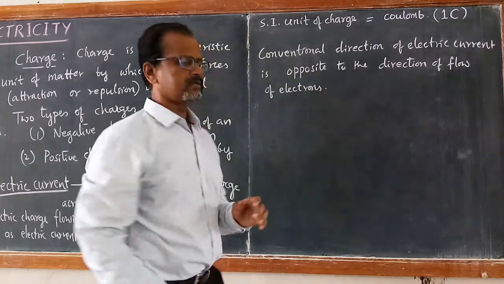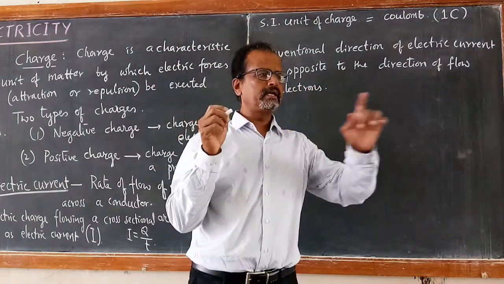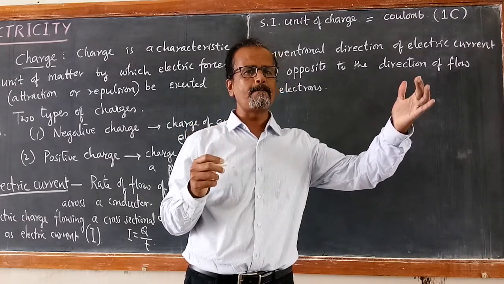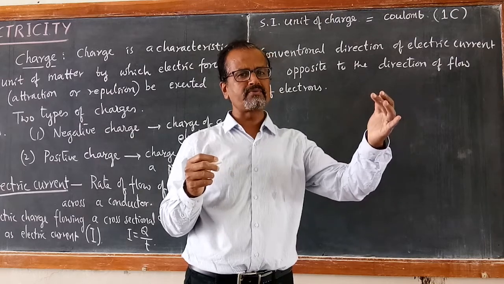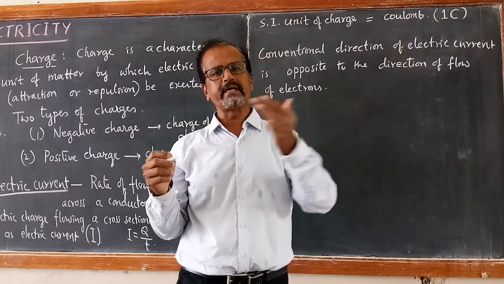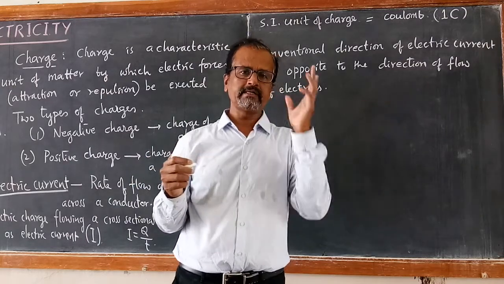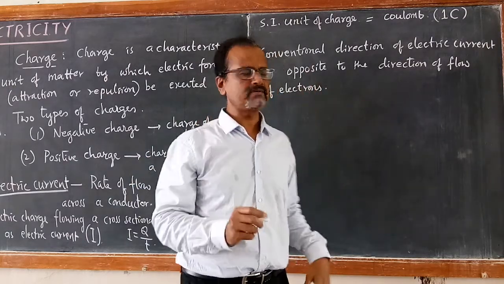It means if electrons are moving from the right end to the left end of a conductor, it is as good as assuming the positive charges are moving from the left end to the right end. That is the meaning of the conventional direction of electric current.